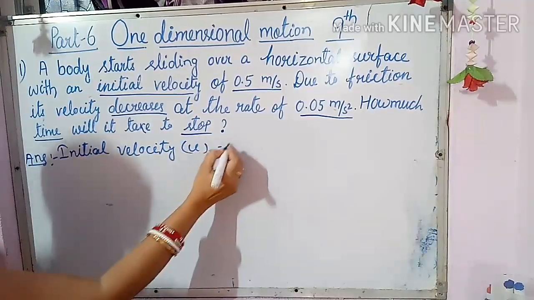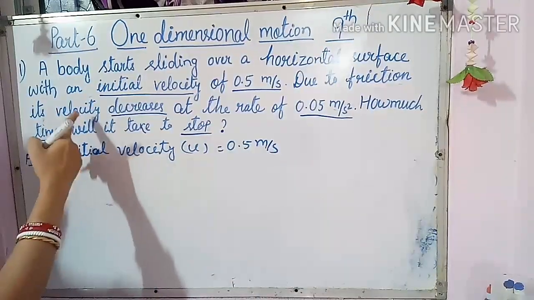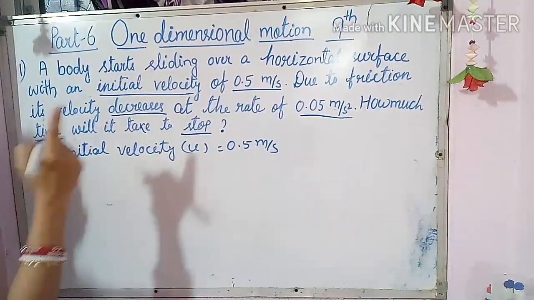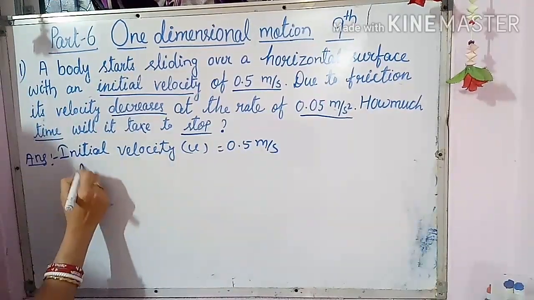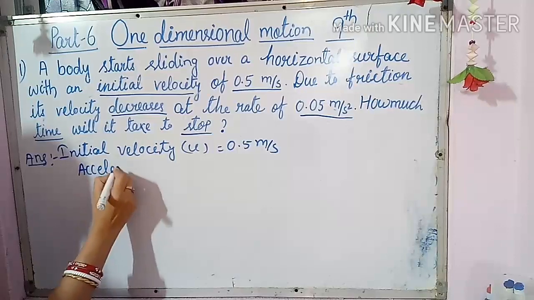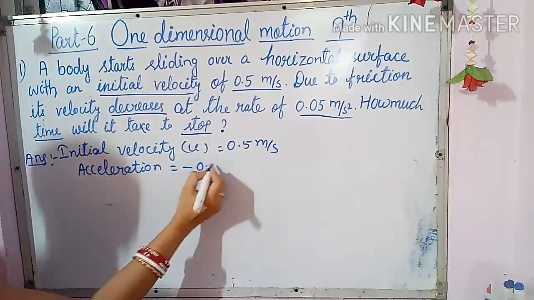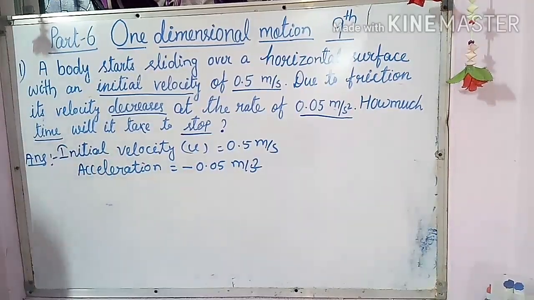That is u equal to 0.5 meter per second. Then, as I told, velocity decreases at the rate of 0.05 meter per second square, meaning retardation. Retardation means you only have to put the minus sign. So acceleration you can write, or retardation you can write. So here acceleration is minus 0.05 meter per second square. Retardation means negative acceleration.